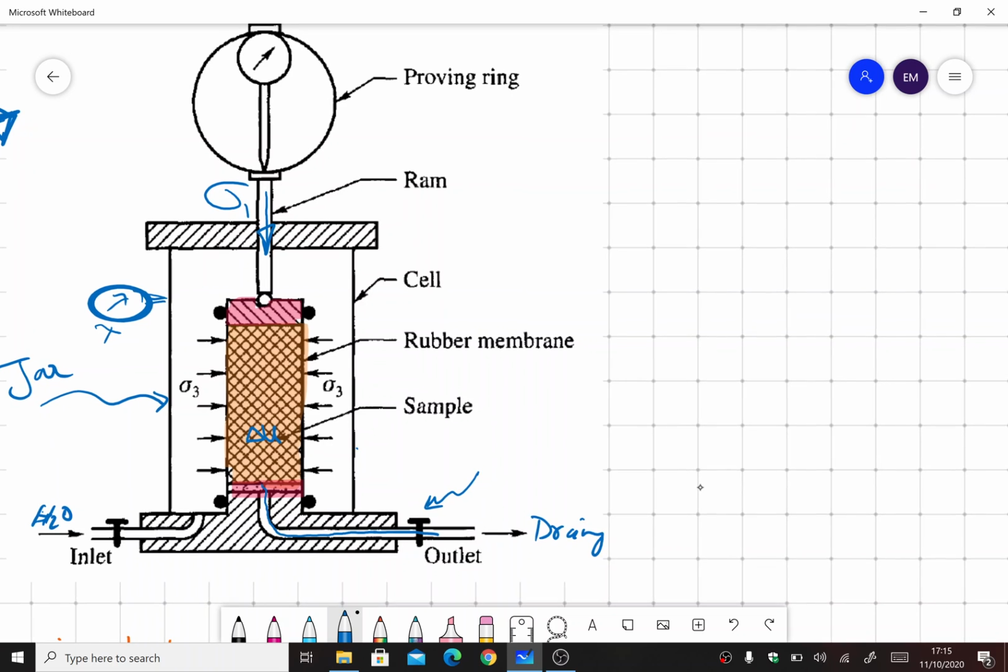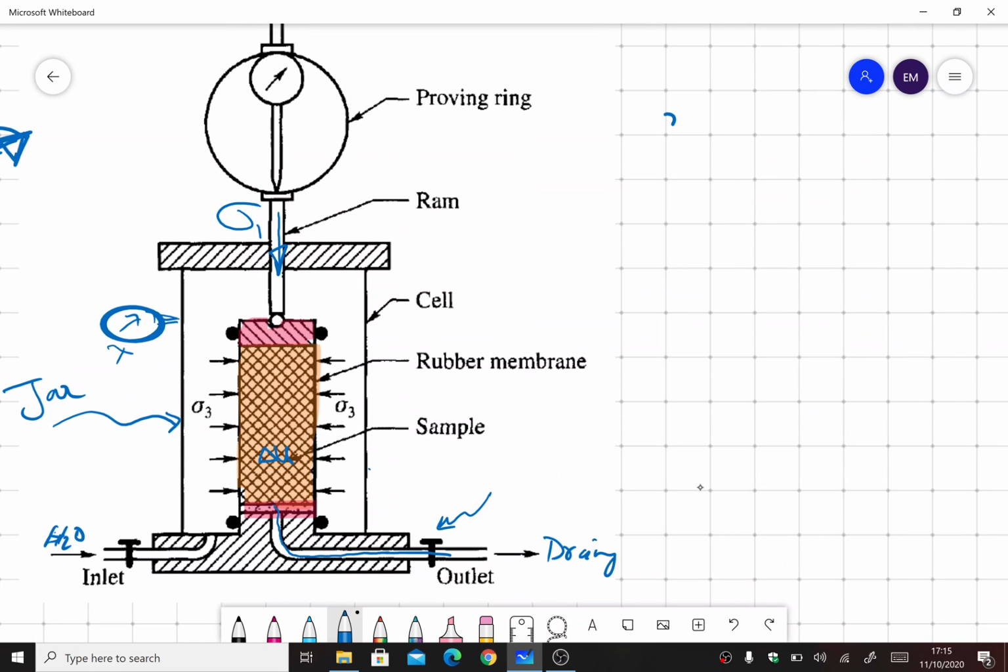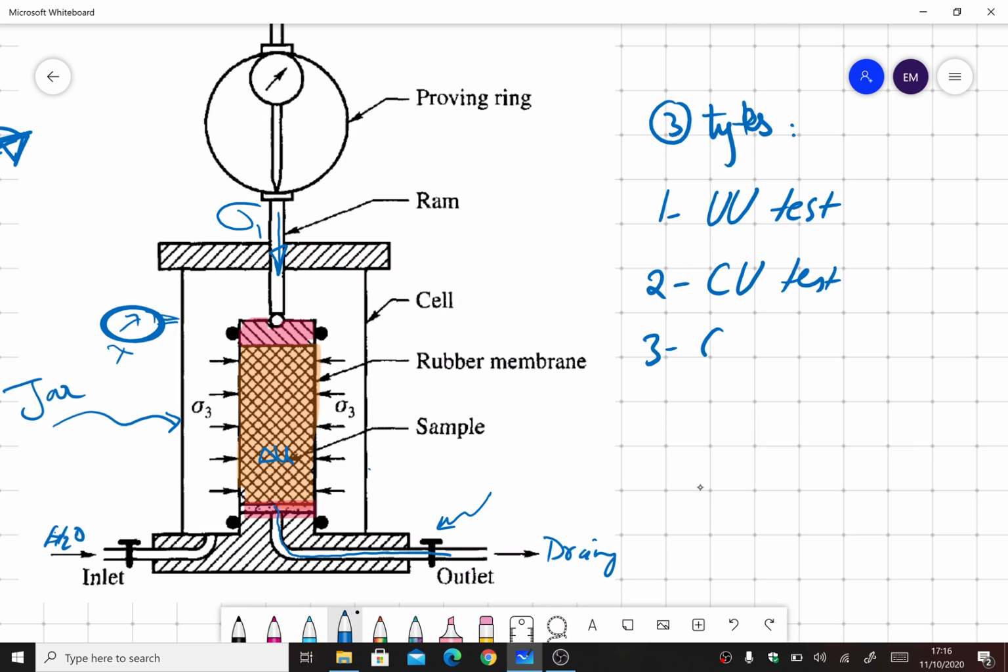Now, explaining this further, there are three types of triaxial test. The first one is called the UU test, the second one is called the CU test, and lastly the third one is called the CD test. It is good to remember all these names.